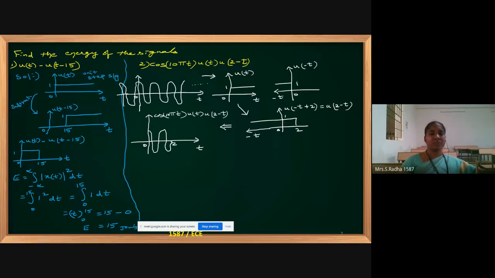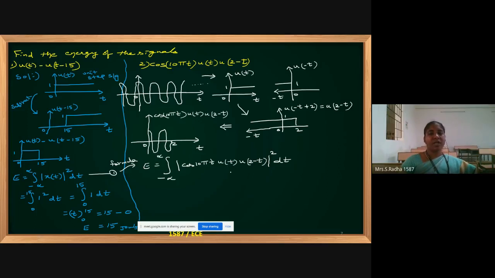Now for this we are supposed to calculate the energy. Already we know equation 1 is the formula for energy, and the same formula we will use here. Energy equals integration of the full signal cos 10 pi t u of t u of 2 minus t, modulus squared, dt, with limits minus infinite to plus infinite.